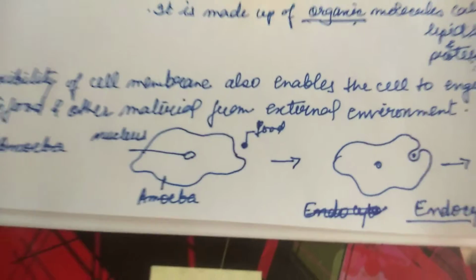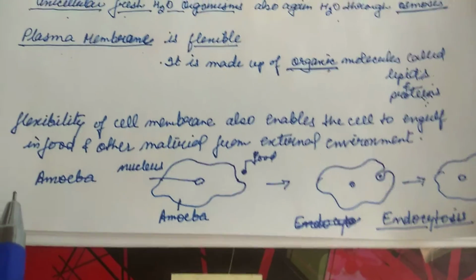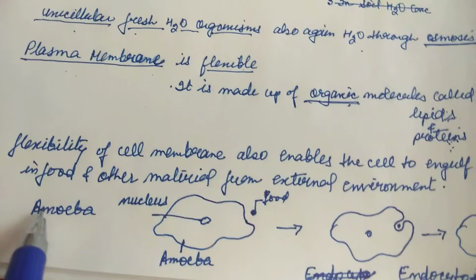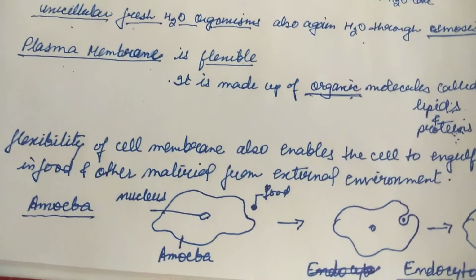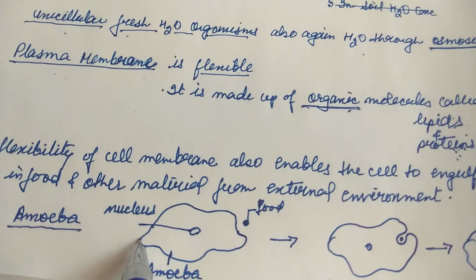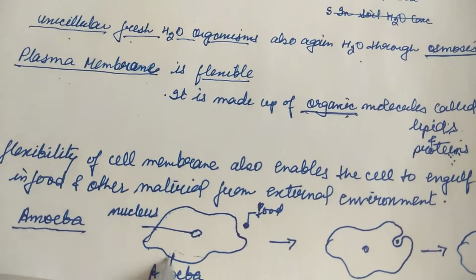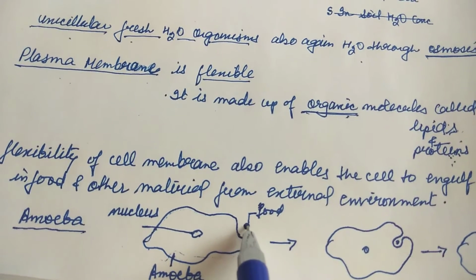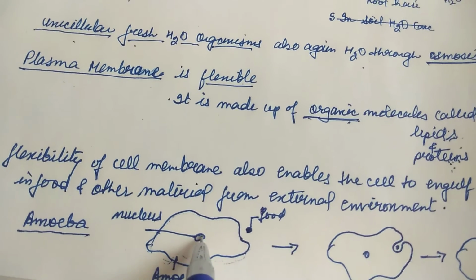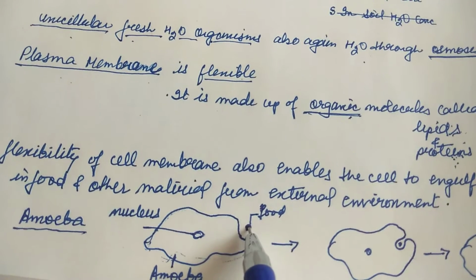So how does flexibility help a cell? Like if we see an amoeba, how it takes food is because of the flexibility of this membrane only. Here we have drawn a rough sketch of an amoeba. Suppose the food is near that amoeba. So this is the plasma membrane, the nucleus, and its food is here.